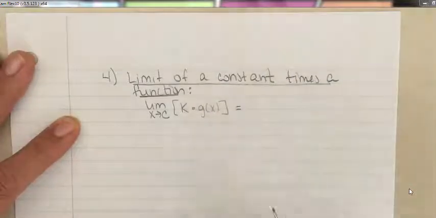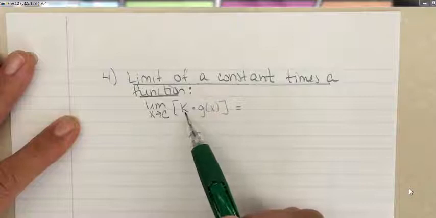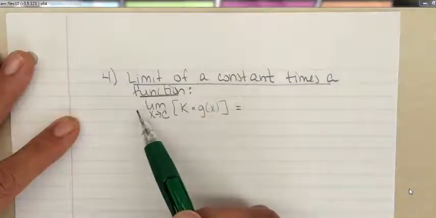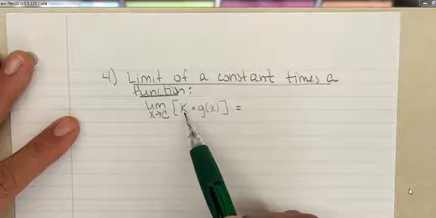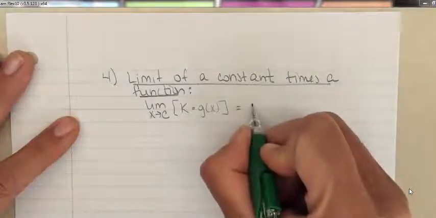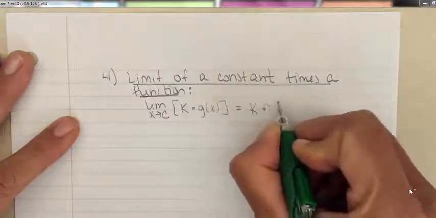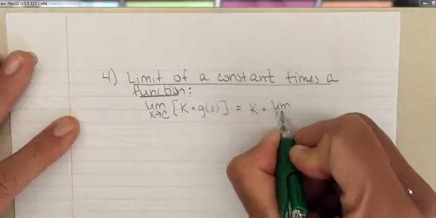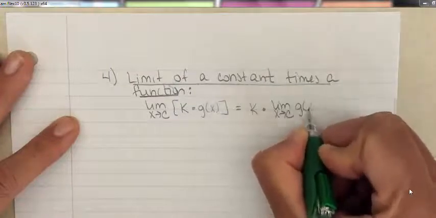And what you can then do is take that constant and pull it outside of the limit because that's going to stay the same. You're not substituting anything in for k. So this would really be the same thing as k times the limit as x goes to c of the function g of x.